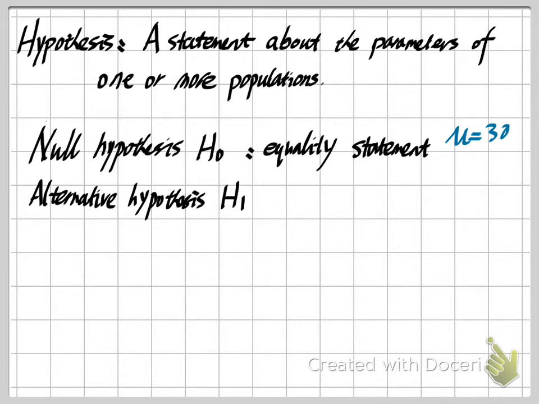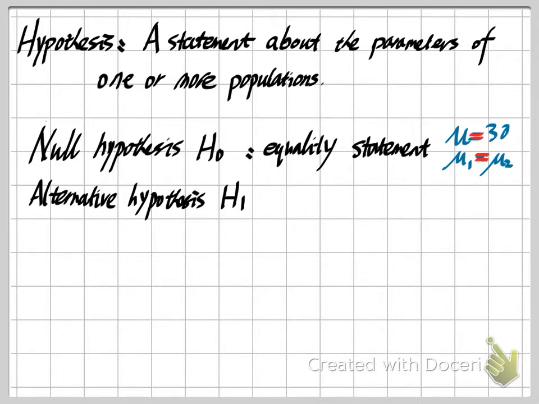Or if we have several populations, it can be like the first population mean is equal to the second population mean. No matter whether this is about one population or two populations, we always use an equation here, so it has the equal symbol.